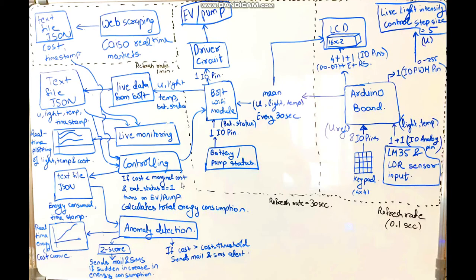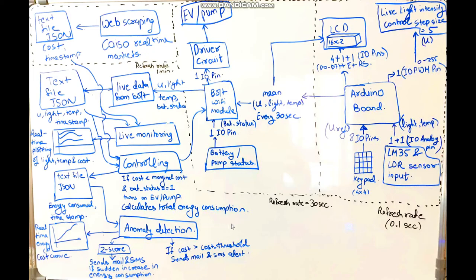If the cost goes below 35, I can start charging my battery, electric vehicle or pump. So it compares the cost and the marginal cost. If the cost is less than the marginal cost, it changes the battery status to 1, and the electric vehicle and pump start to actuate.